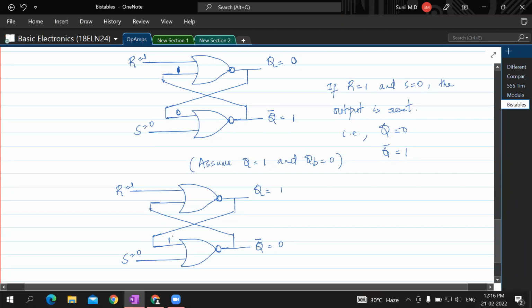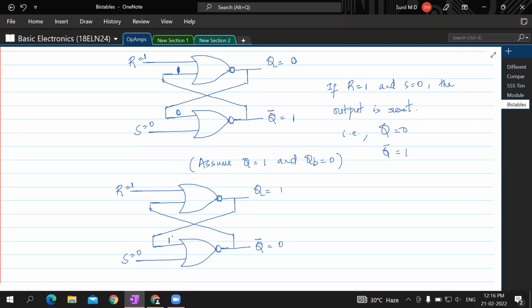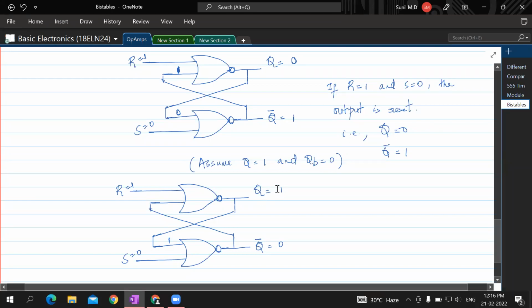Okay, this will never happen. This will never happen because Q can never be 1 if reset is equal to 1, Q should become 0. So this present state is 1, let's say. Okay, let's see what happens with this.